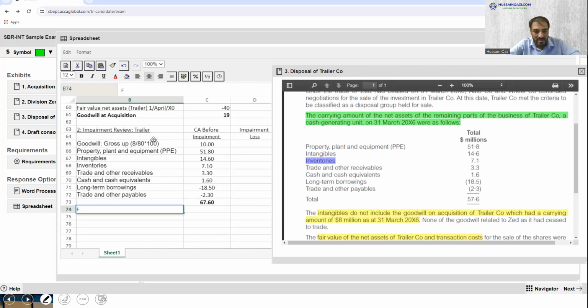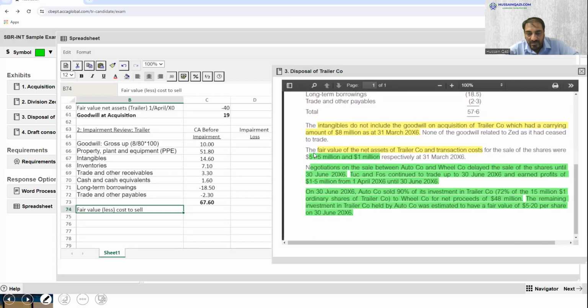Now the point, fair value less cost to sell. This is mentioned here: 51.5 minus 1 is equal to 50.5. So that means there is an impairment loss.